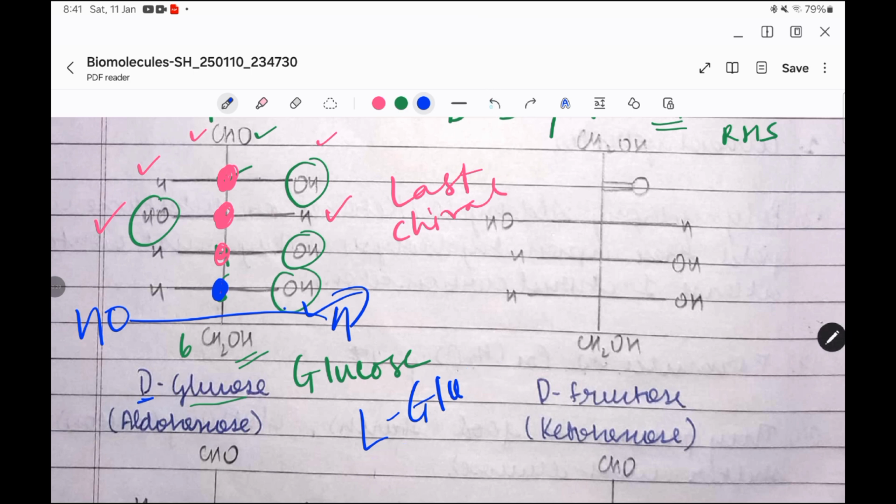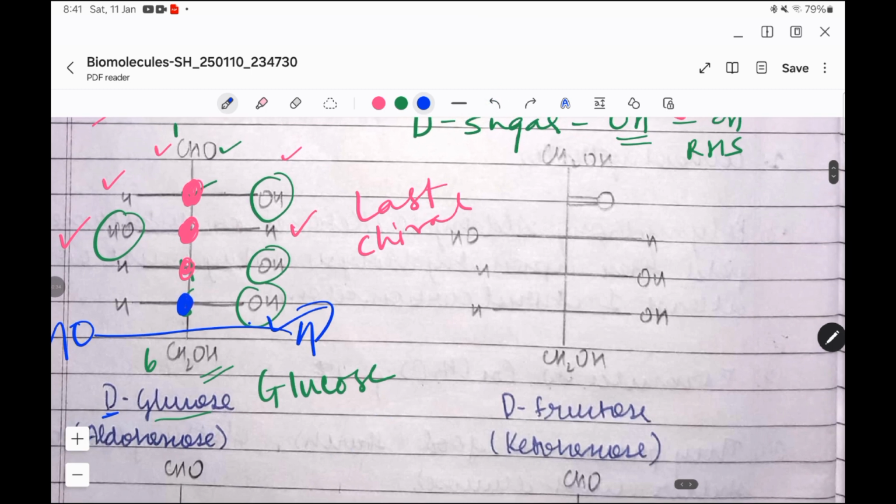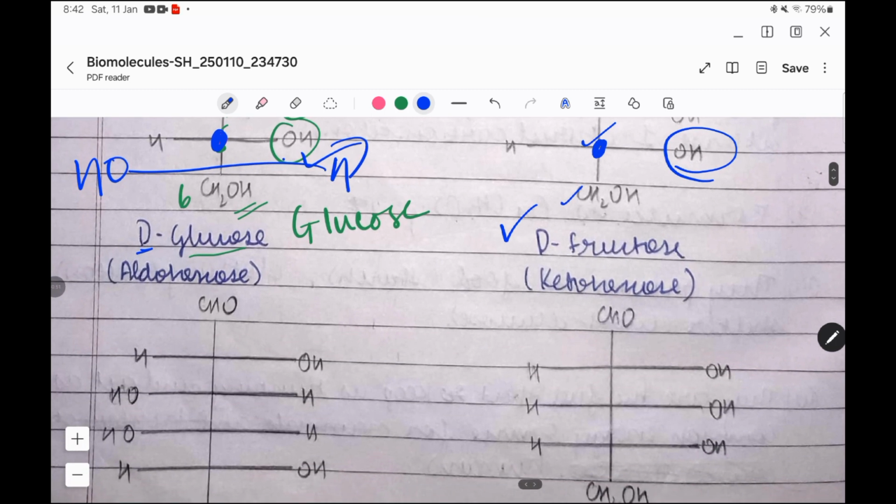Okay, so now the second example which we have here is fructose. In the drawing over here, you can see that fructose also has 1, 2, 3, 4, 5, and 6 carbon atoms, and this typically is going to be the last chiral carbon atom, and this OH is on the right side, so that is why it is called D-fructose. Glucose is also called an aldohexose because it contains the aldehydic functional group, it contains 6 carbon atoms, and it is a sugar.